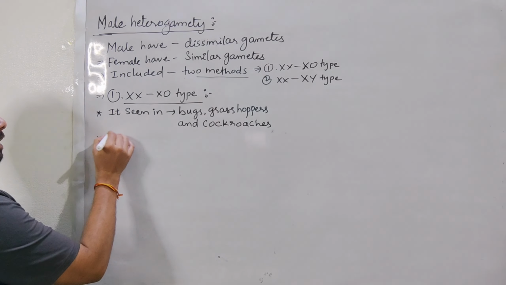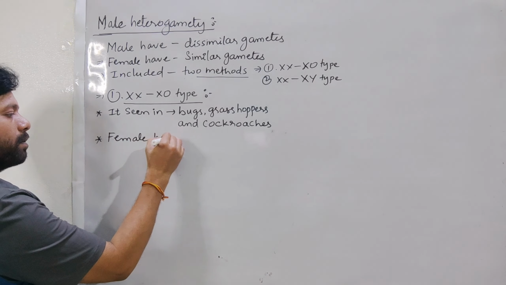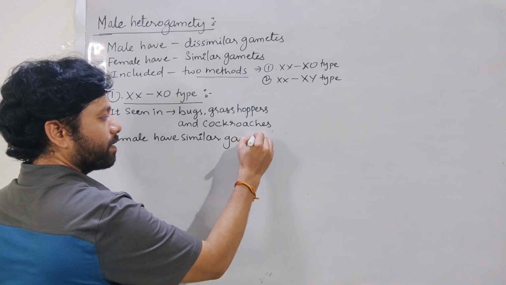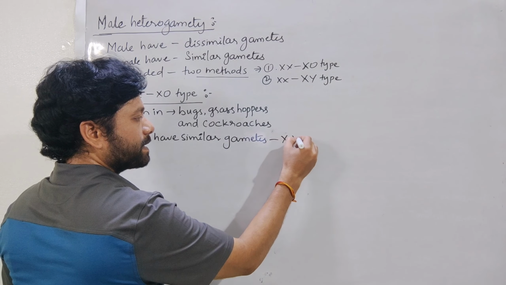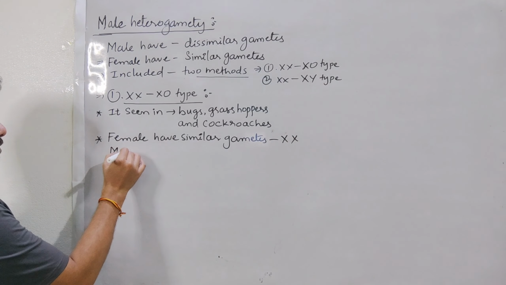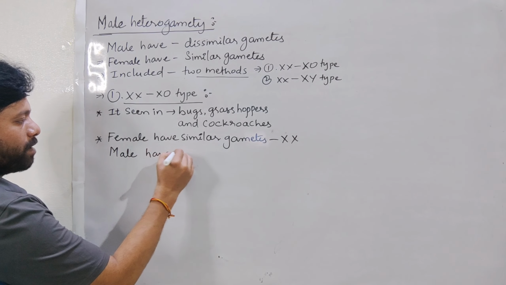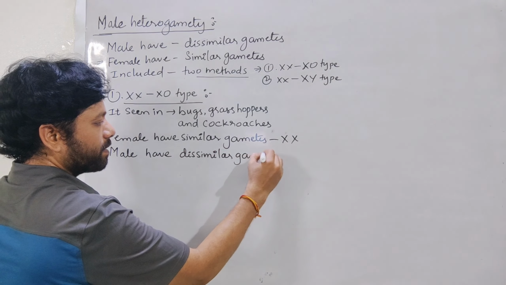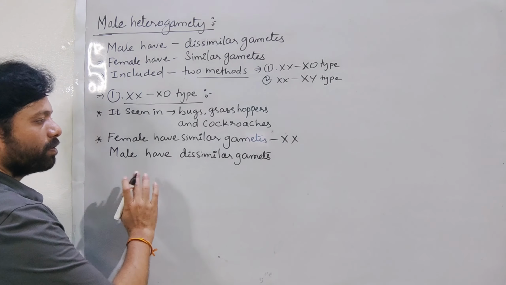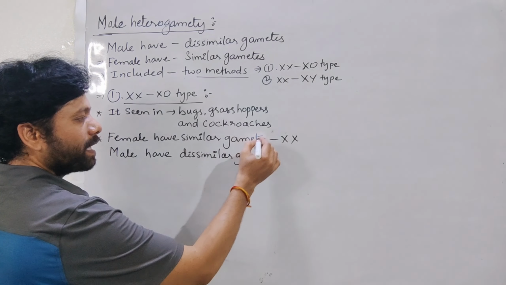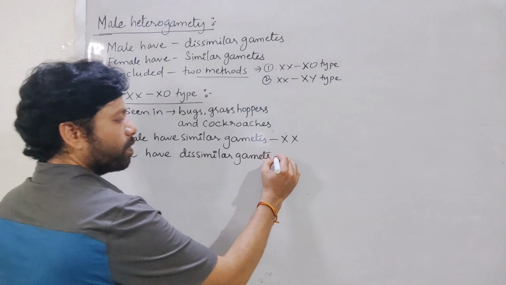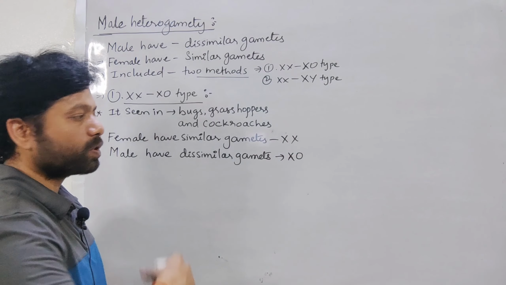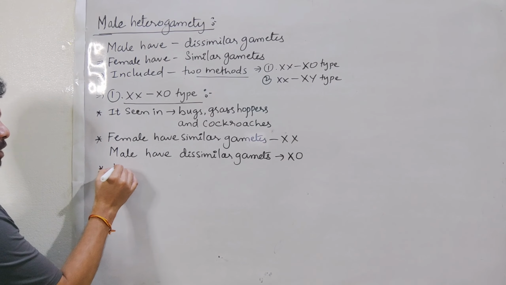First of all, the female has similar gametes, XX. The male has dissimilar gametes: without one X chromosome, the male has only a single sex chromosome, XO, and does not have another X chromosome.